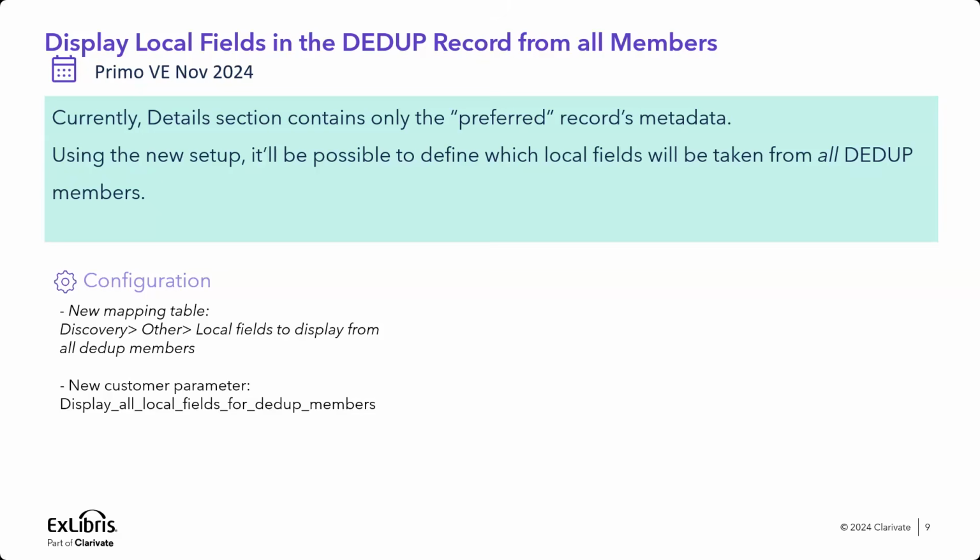For this, we added a new mapping table where you will be able to include the local fields that you would like to take from the different records of the dedupe and not only from the preferred one. There is also a new customer parameter that you need to enable in order to make this functionality available.